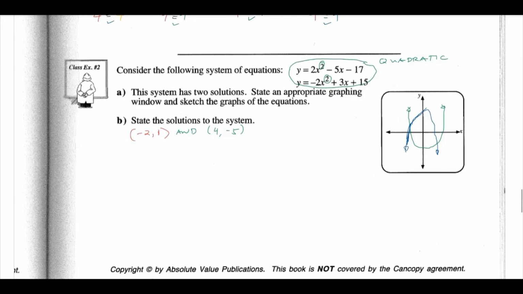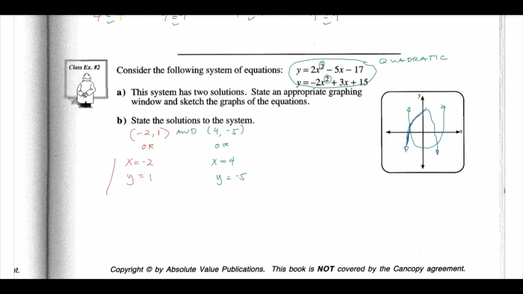Or you can write this as x is equal to 4 and y is equal to negative 5. And as well as the other solution, you can write it as x is equal to negative 2 and y is equal to 1.